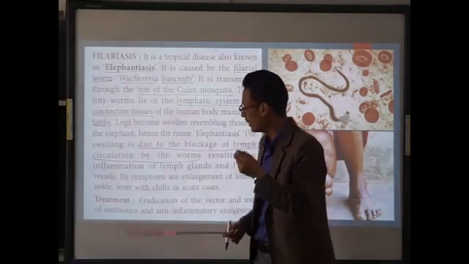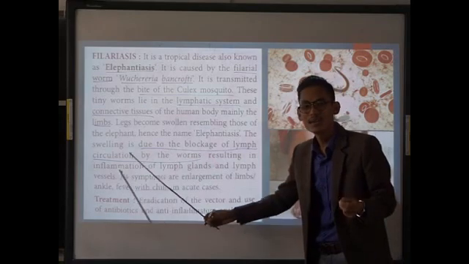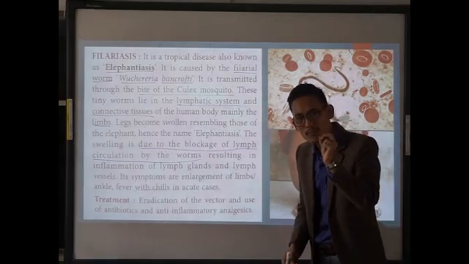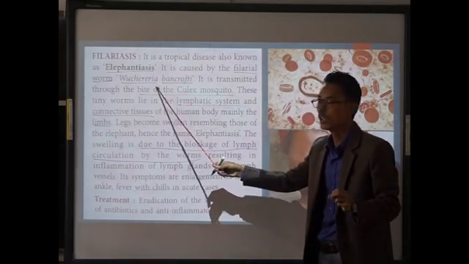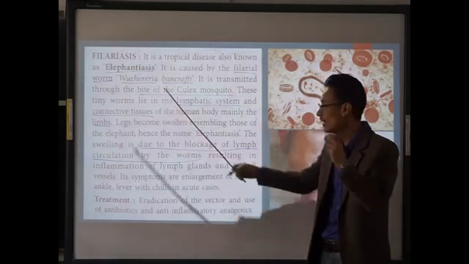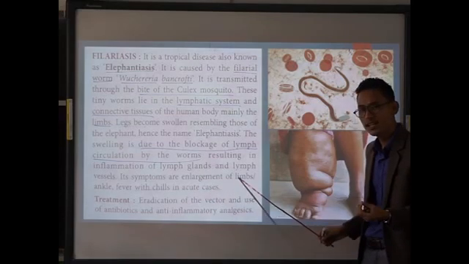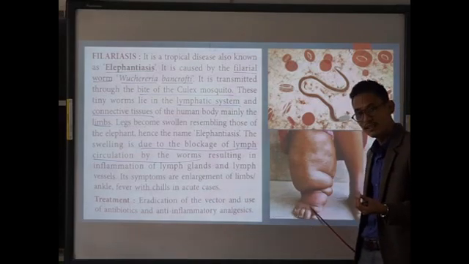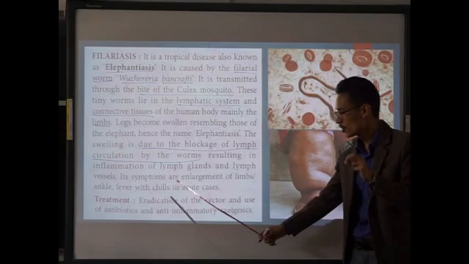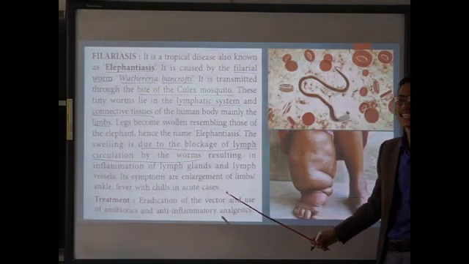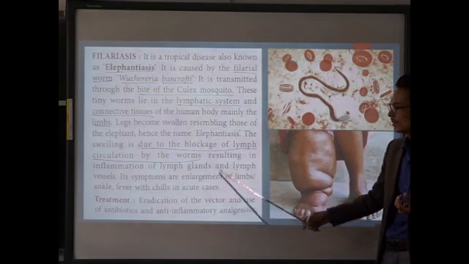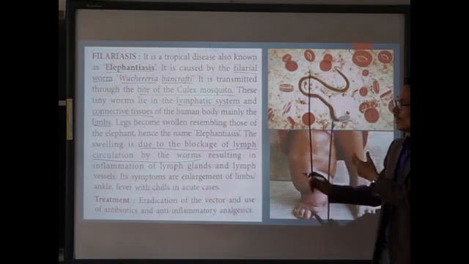Swelling is mainly there due to the blockage of lymph circulation by the presence of the worm Wuchereria bancrofti, so there will be enlargement of the limb and ankle. There will be fever with chills in acute cases. These are the symptoms of the disease filariasis.